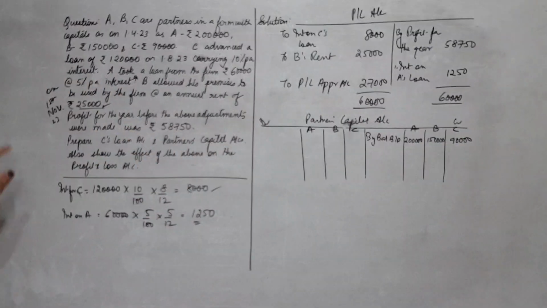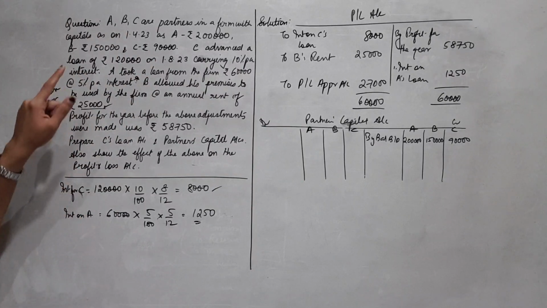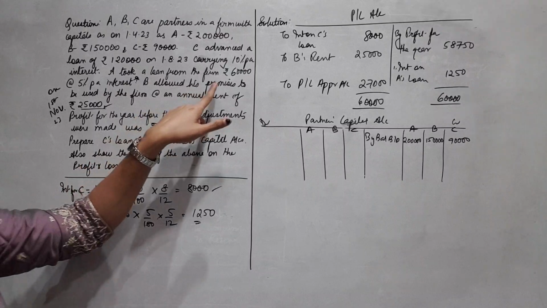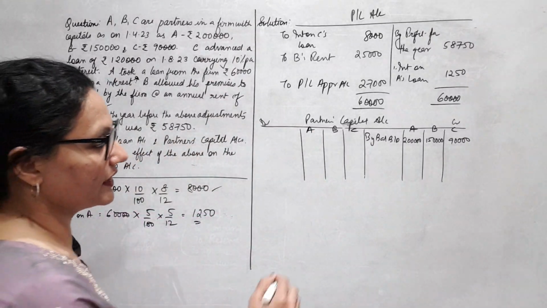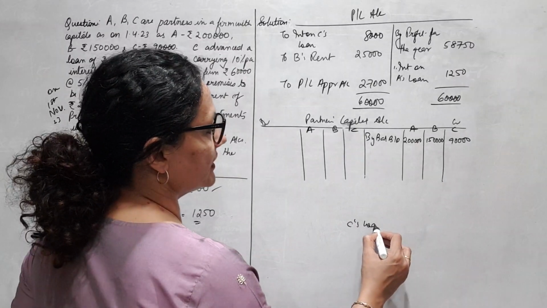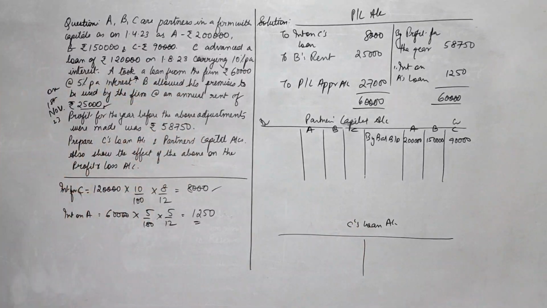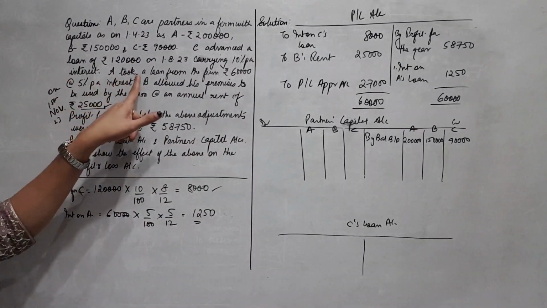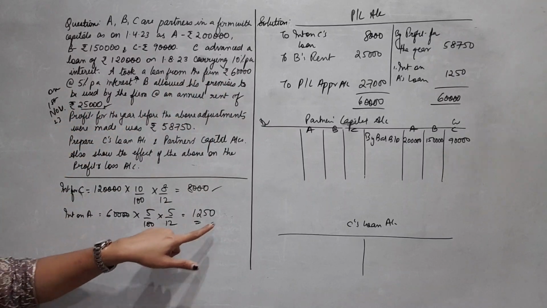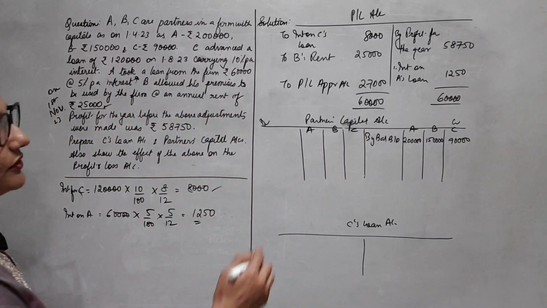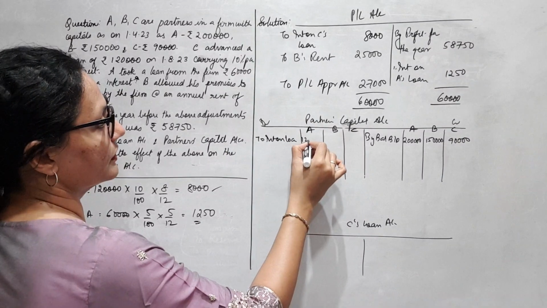Now the loan part, of course, C has given me a loan, so I'll open a separate account for C, so that is not going to come here. So C's loan account we will be opening separately. Okay, we come to that. What about this? A took the loan from the firm, so the interest related to that will be debited to his capital account. So we will debit interest on loan.